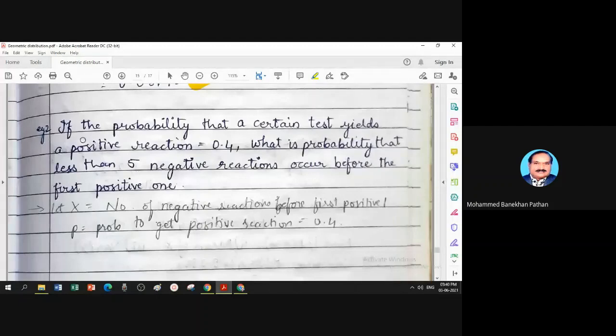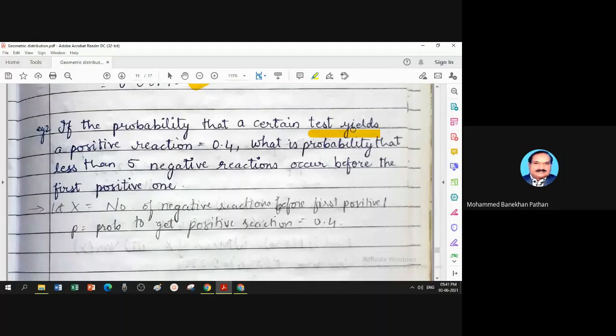Example 2: if the probability that a certain test yields a positive reaction is 0.4, what is the probability that less than 5 negative reactions occur before the first positive one? Again, the question is of geometric type. We are observing the yield of the test. Some tests give a positive report, some give a negative report.